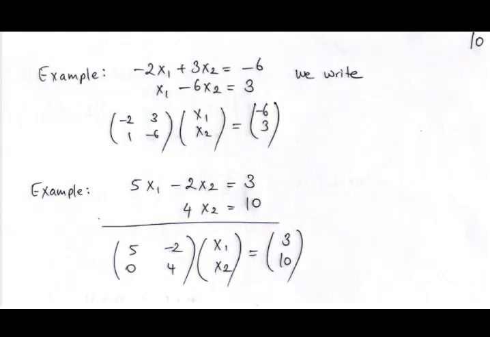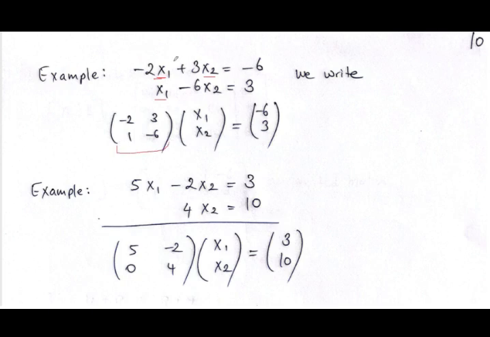Here's another example. Now we have a system of two equations and two unknown variables, x1 and x2. How can we represent this system in matrix notation? Remember, first you need to write these coefficients as the coefficient matrix.